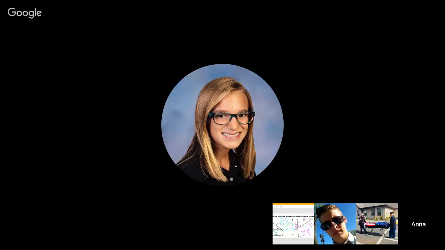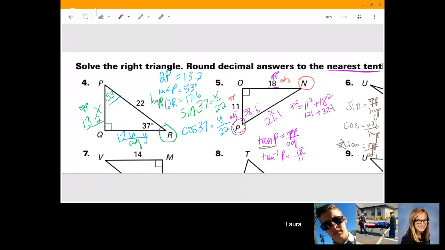Like the triangle sum. Yeah, triangle sum is another way you can do it. Sine would work, but you'd be using a decimal. But if you use triangle sum, you know that this is 90, this is 58.6. So you could add those two and subtract from 180. Does that make sense? Yes, ma'am.